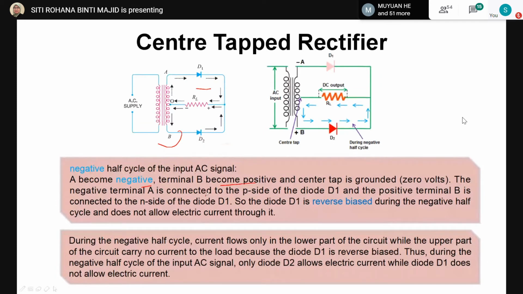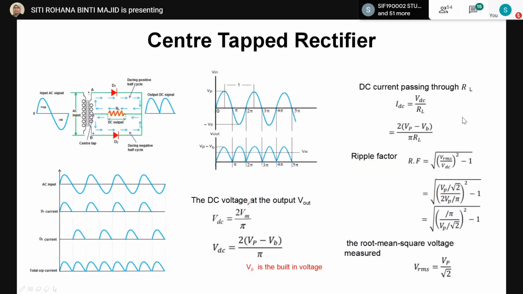Therefore D2 is forward bias and D1 is reverse bias during the negative half cycle and does not allow current to flow. So for the negative half cycle, current flows only in the lower part of the circuit, and zero current exists in the upper part because of the reverse bias of D1 and forward bias of D2.